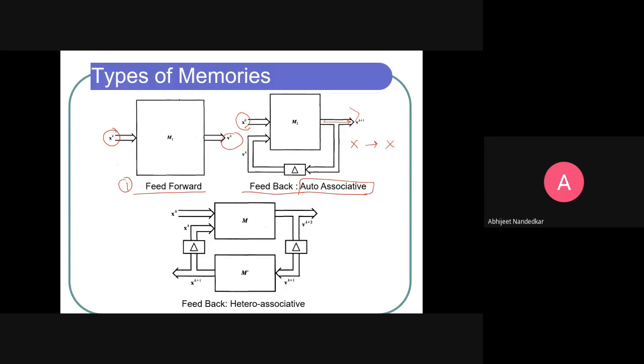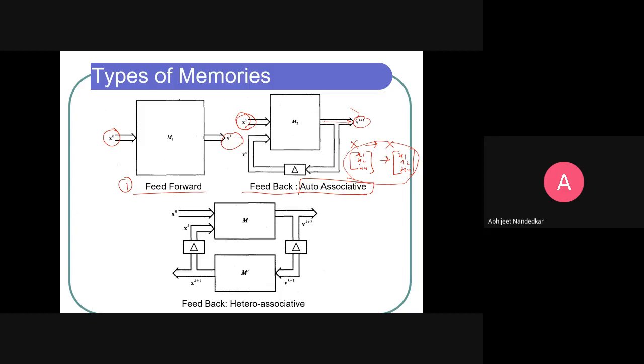The dimensions are the same. Here x0 and vk plus 1 have the same dimension, x1, x2 up to xn.